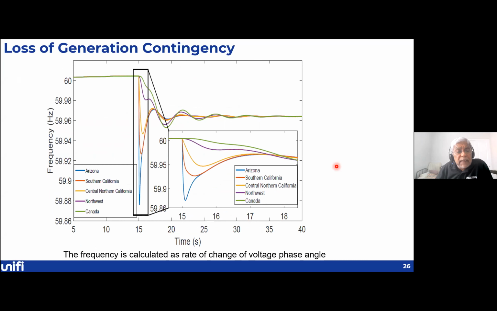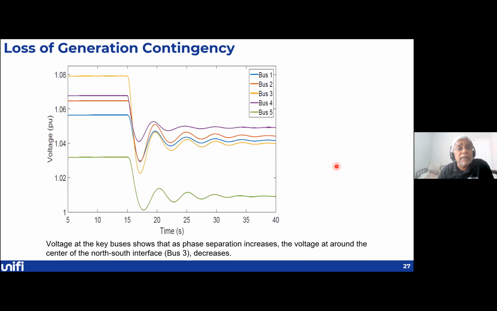The frequency deviation is not very significant. The system reacts very well, and the frequency settled down quite fast to a new value, because there is still significant loss of generation, and whatever was the headroom did not compensate for this large amount of generation lost.